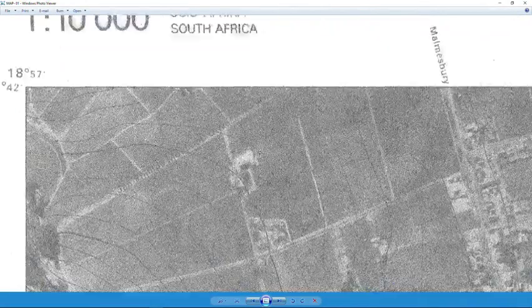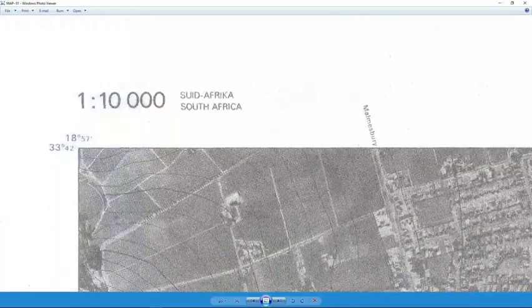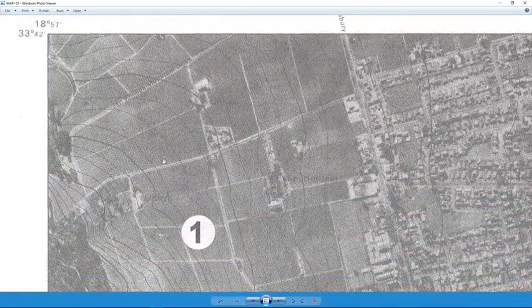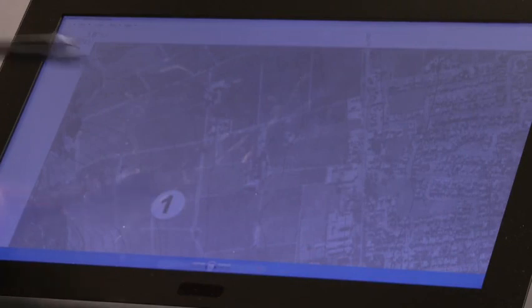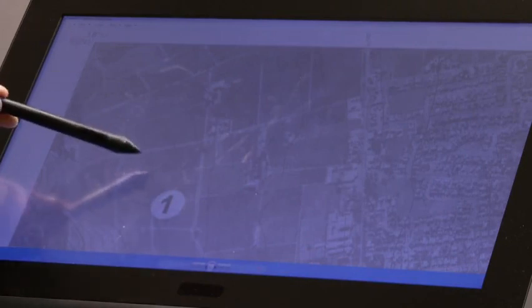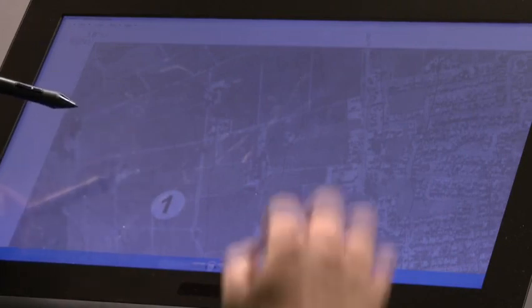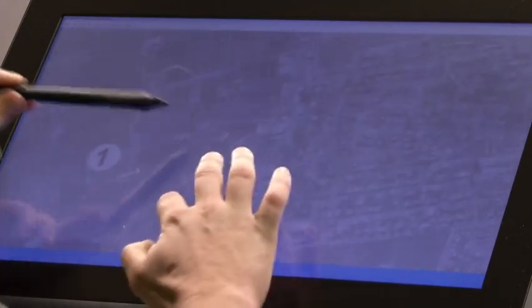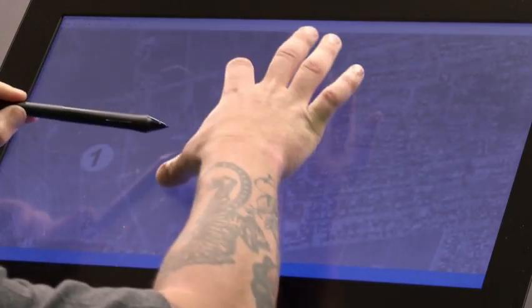Once again, as you can see, 33 degrees 42 minutes represents the lines of latitude, 18 degrees 57 minutes represents longitude, and the orthophoto is different from a normal vertical aerial photograph because it presents you with extra information such as contour lines that represent height and names of places.